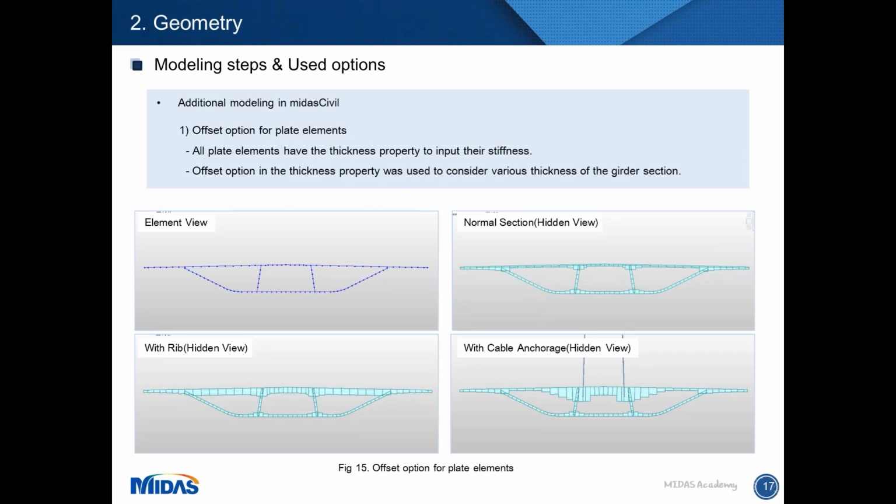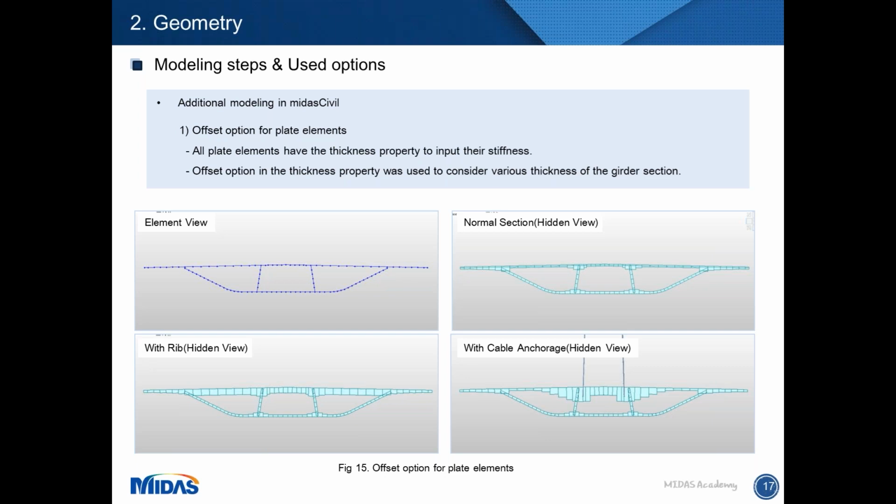After making the element model, I needed additional options to complete modeling work. First one is the thickness property for plate elements. As you know, plate elements need the thickness property to have their stiffness. So I defined the thickness property.